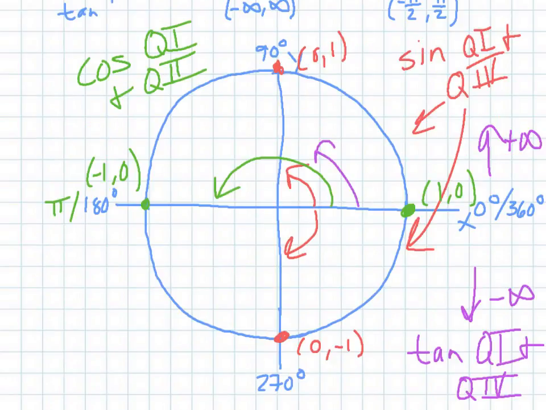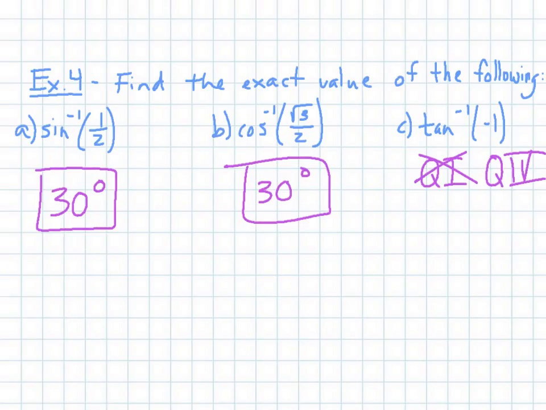For sine and cosine, you always start at 0, so you either go counterclockwise to get to the angle in the first quadrant, or you go clockwise to get a negative answer for the fourth quadrant. So your answer should be the negative of that.